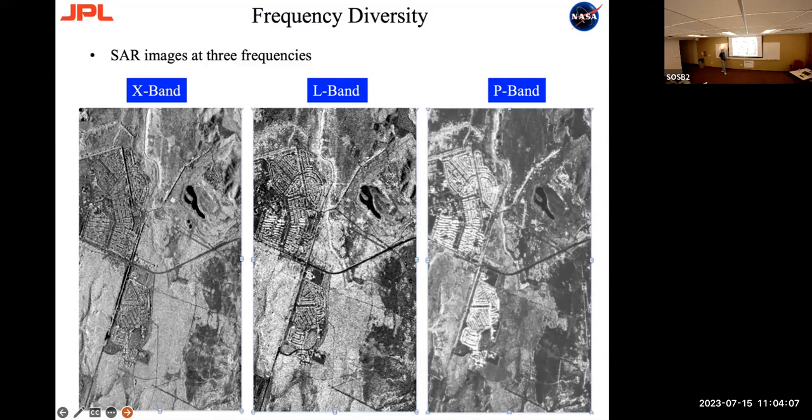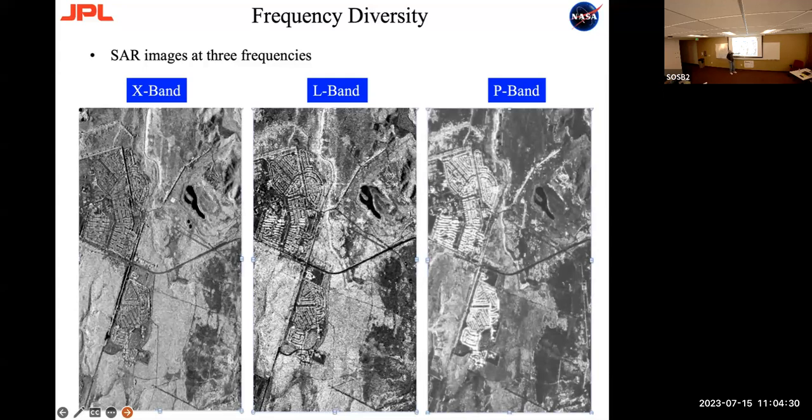So this is X band, and this is a suburban area, okay? And what do we see here? So this is X, L, and P. Well, the X band looks sort of more uniformly gray compared to the other 2.